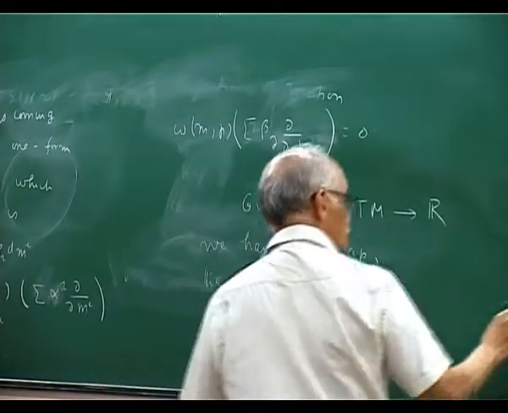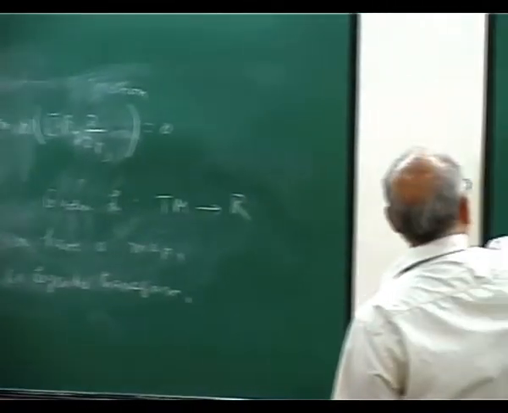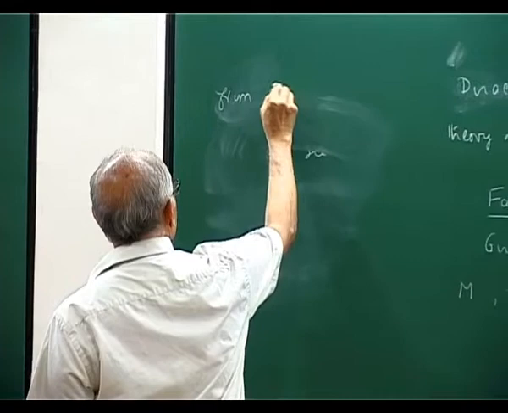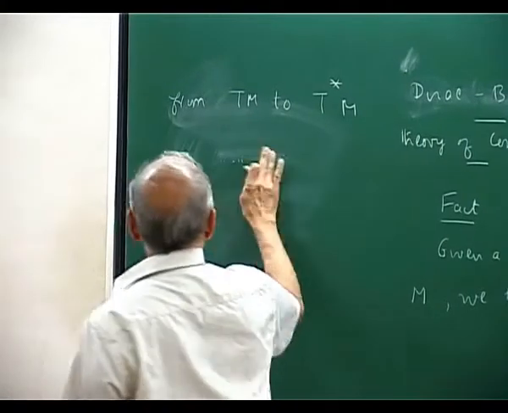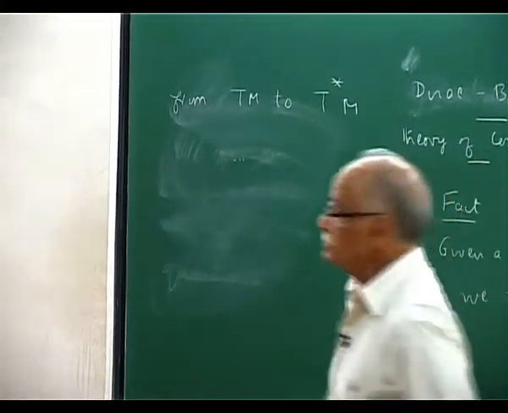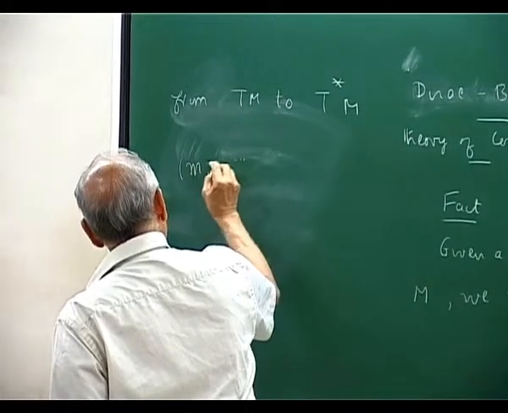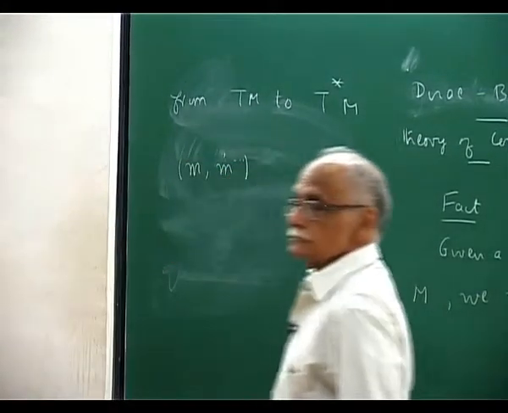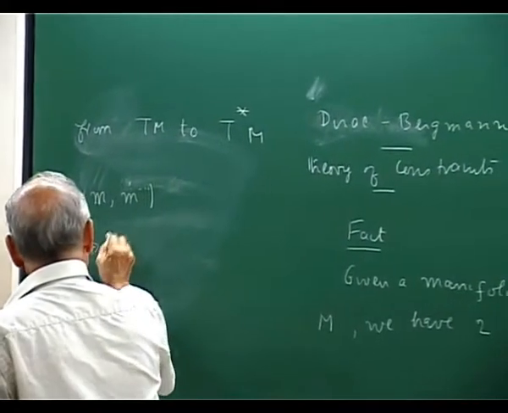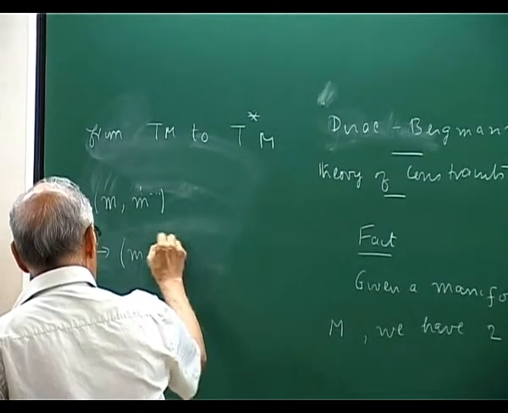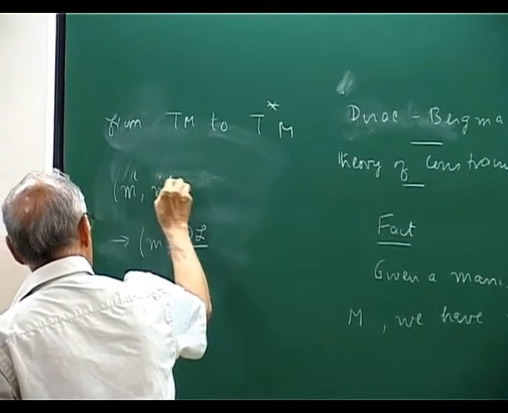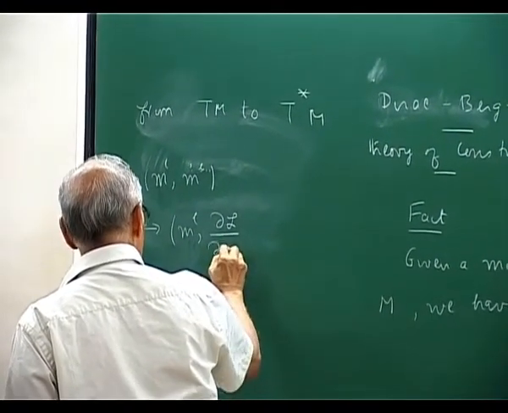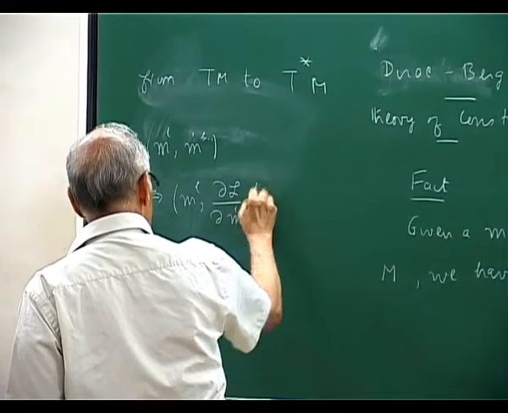From Tm to T star M. So what does it do? It takes a point (M, M dot), and the image of this point is M and dL over d M dot i at M and M dot.